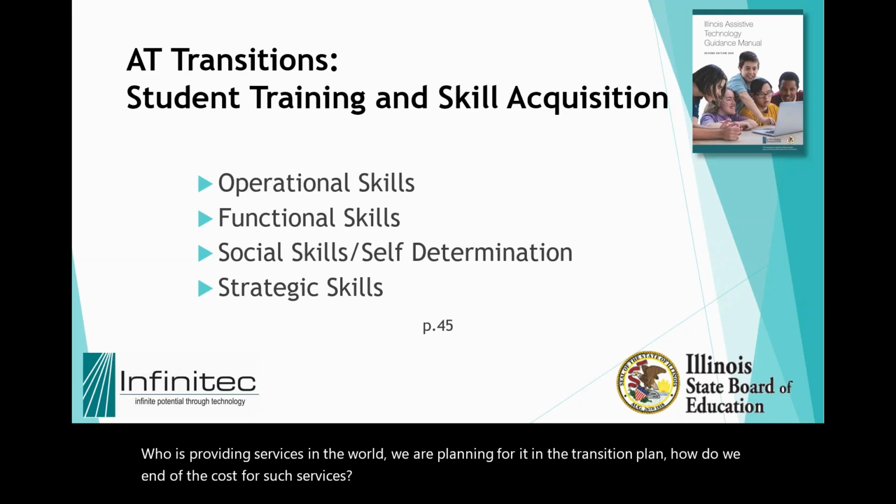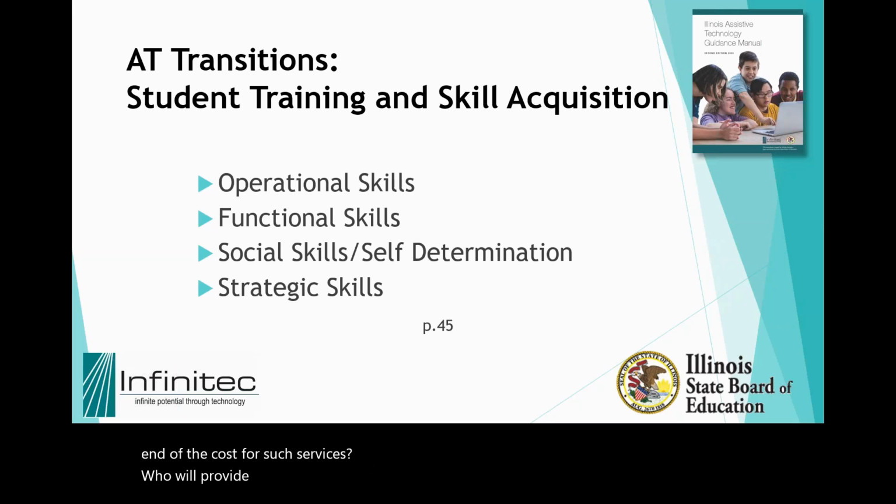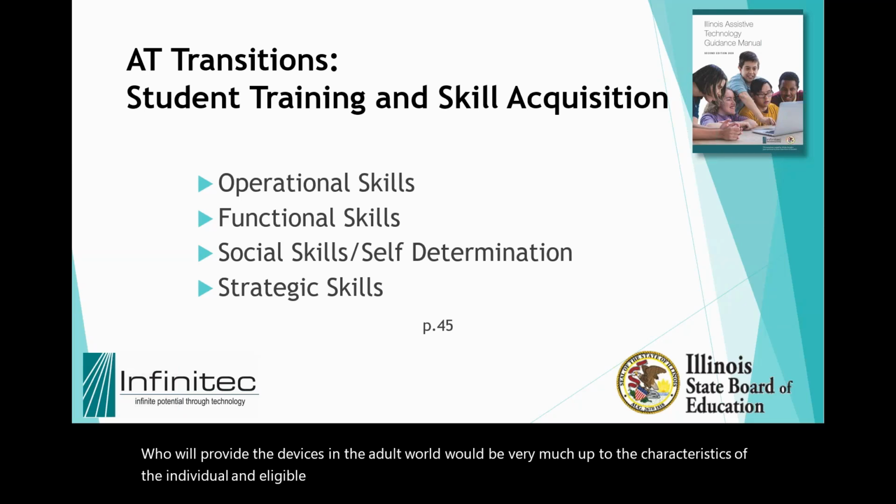Who will provide the devices in the adult world will be very much up to the characteristics of the individual and the services that they are eligible for. Common agencies that can provide assistive technology to adults are your developmental disabilities agencies and your vocational rehabilitation agencies, depending on what the child uses and what they're eligible for.